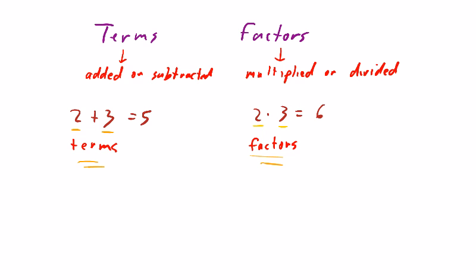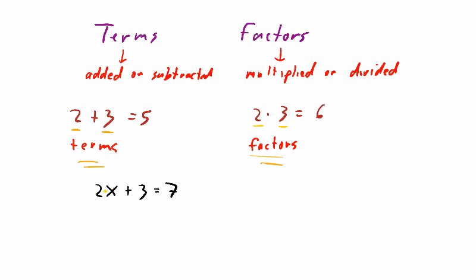If I start to introduce some algebra here and say 2x plus 3 equals 7, this gets a little more complicated because we have both addition and multiplication. Remember that there is an implied multiplication between the 2 and the x.